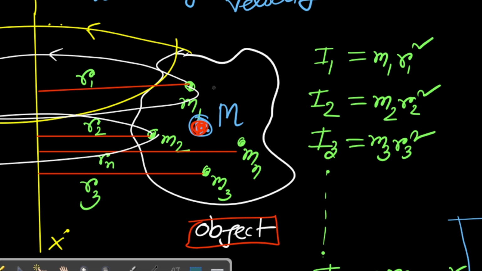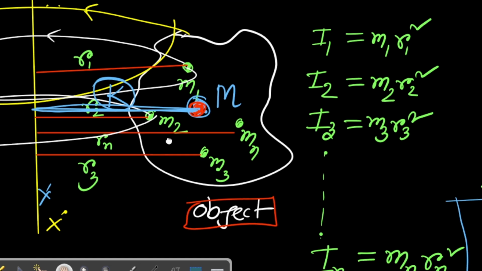If this object rotates around this x prime axis, then there is a perpendicular distance between the center of gravity and the rotational axis. Suppose this is the perpendicular distance, and this special perpendicular distance is denoted by k, and this k represents the radius of gyration.